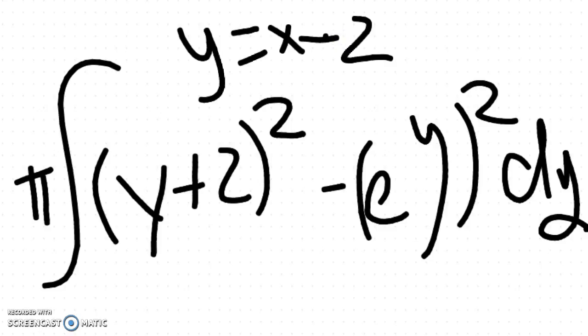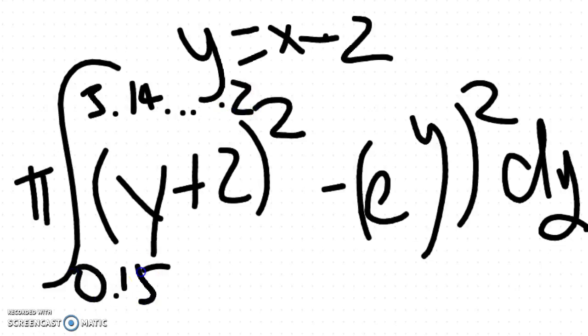So we'd subtract 2 from both, top and bottom, to get 3.14 minus 2 and 0.15 minus 2. And this would be your expression that represents the volume when rotated around the y-axis.